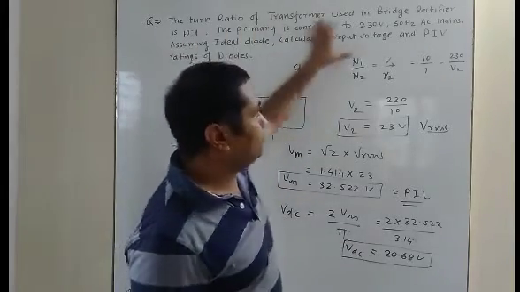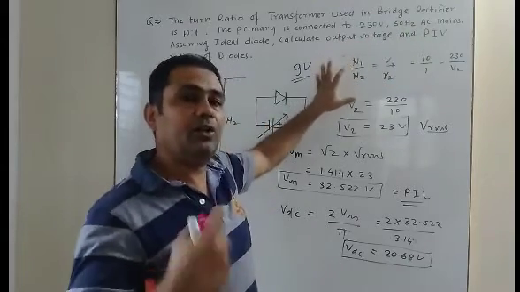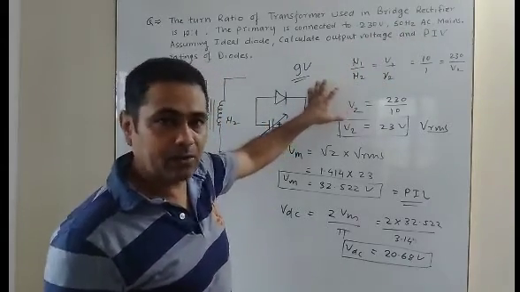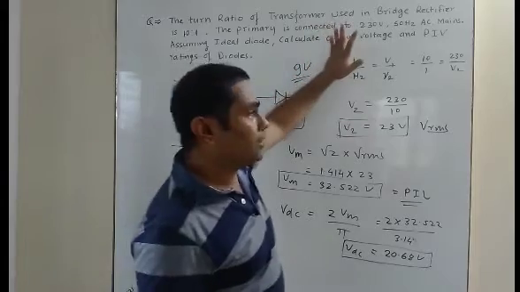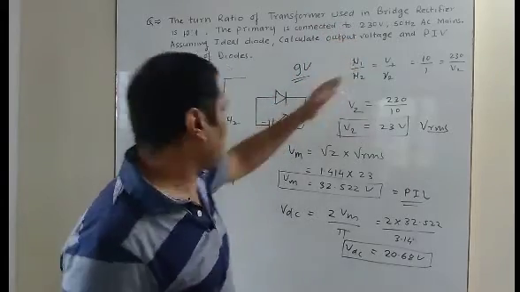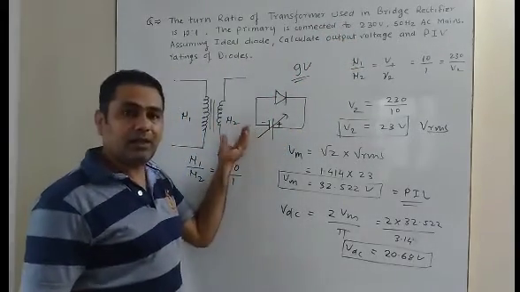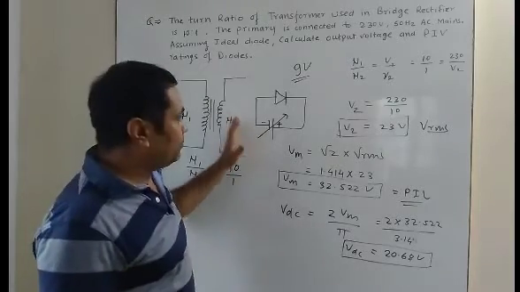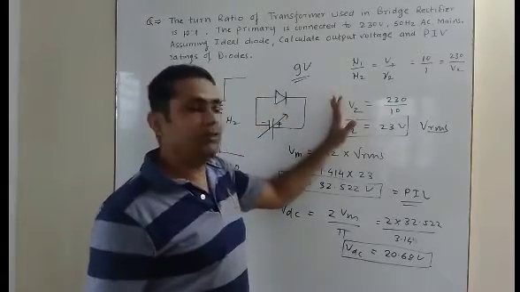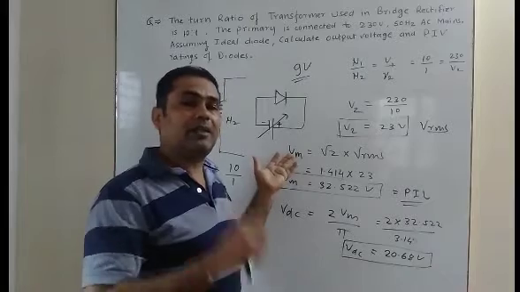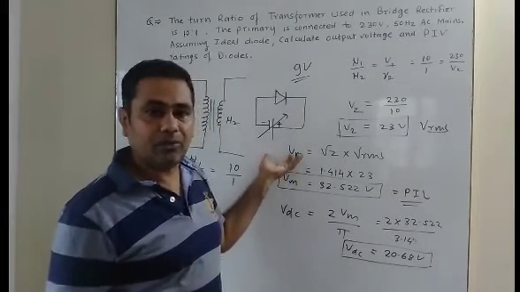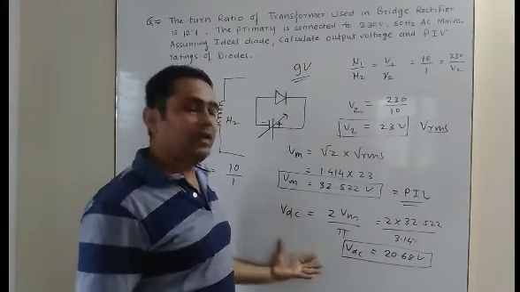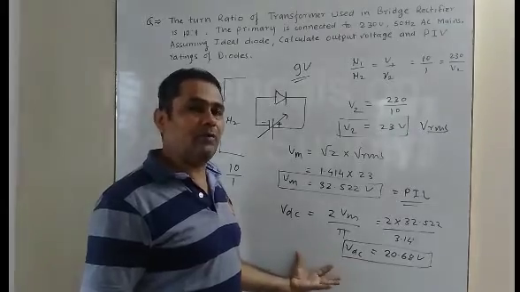There are some sentences which denote which kind of rectifier is used here. Then second, we have to draw the circuit diagram for the rectifier. Then put in the values, and we can identify what data is given and what should be calculated. In this way we can solve any problem based on rectifiers.